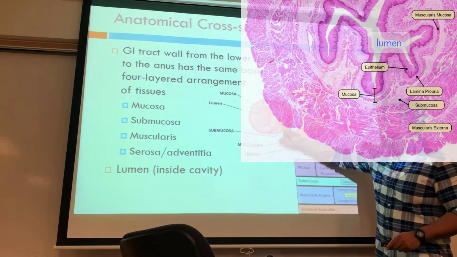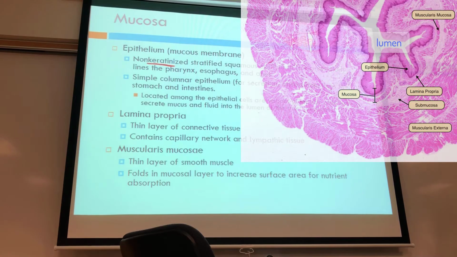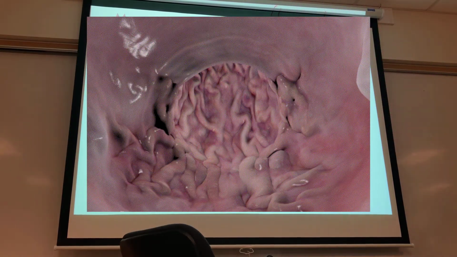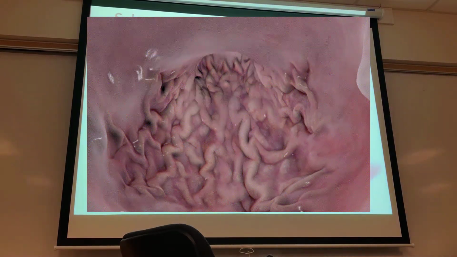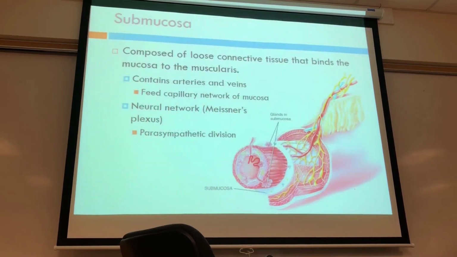The purpose of the muscularis mucosae is to provide increased surface area. So you get these folds that are made in the mucosa that allow for nutrient absorption. What it would look like on that mucosal layer is basically a bunch of folds looking like this.